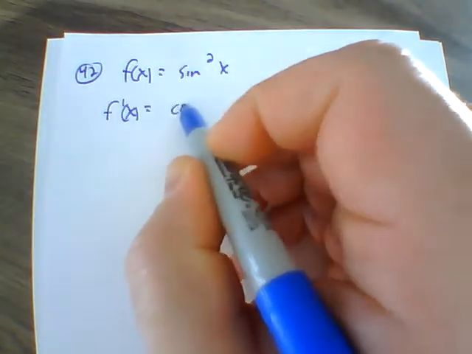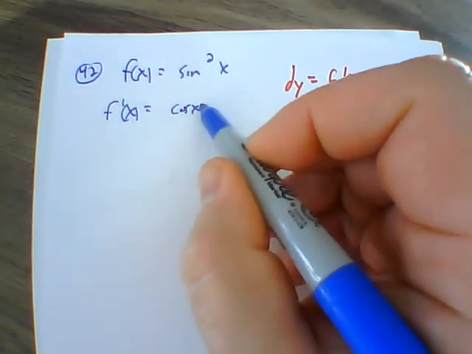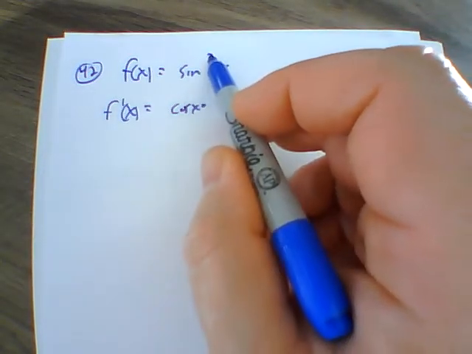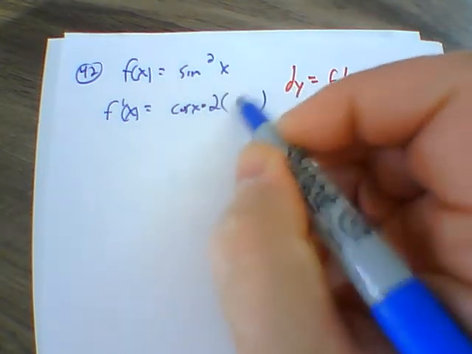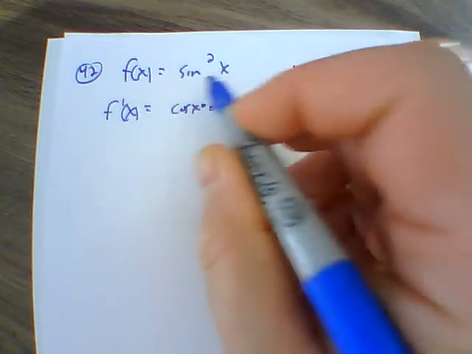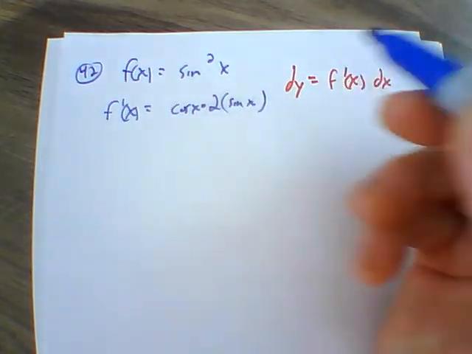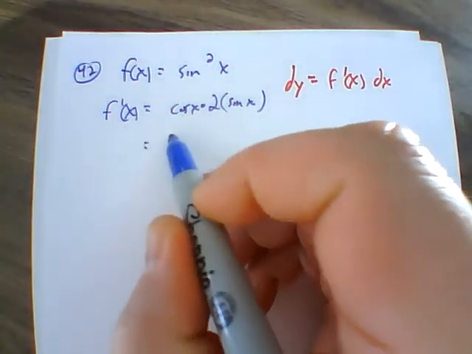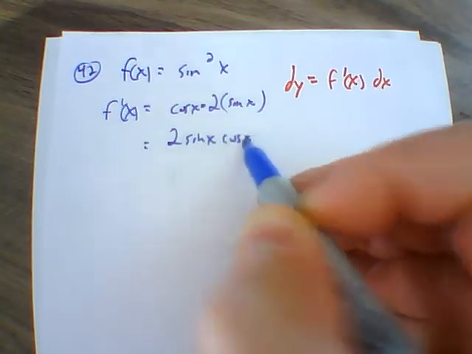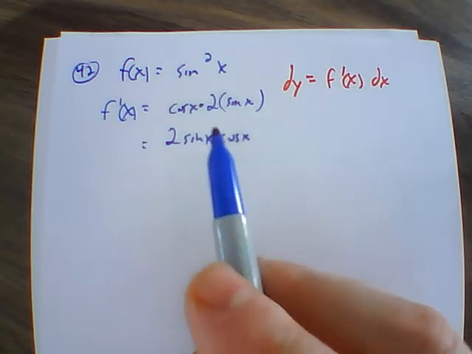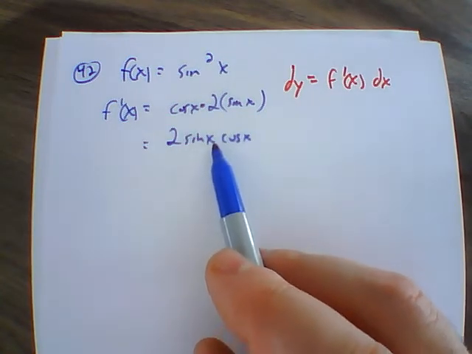So we have cosine x times the derivative of something squared, which would be 2 times that something to the 1 power, in which that something was sine x. So cleaning this up, I have 2 sine x cosine x.